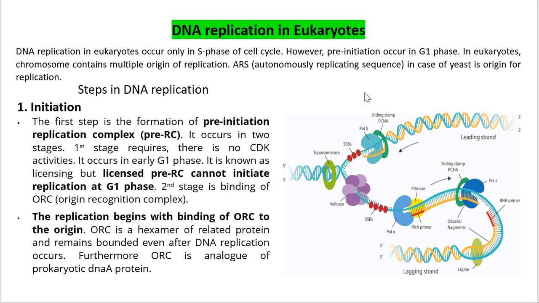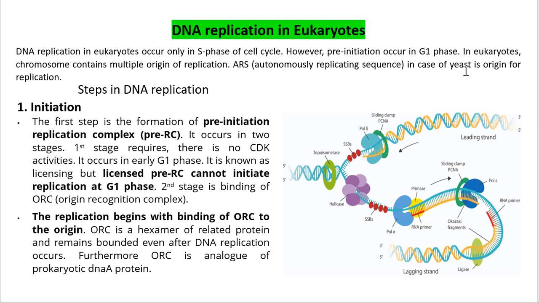In prokaryotes, there is only one site for initiating the replication process, that is oriC, the main recognition site, and after that the parts which help in the origination of the replication process. But in eukaryotes, multiple origin of replication sites are present.